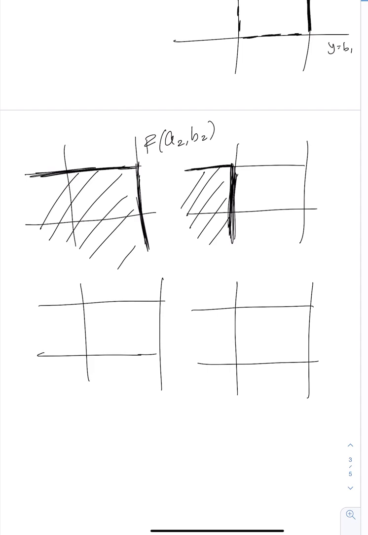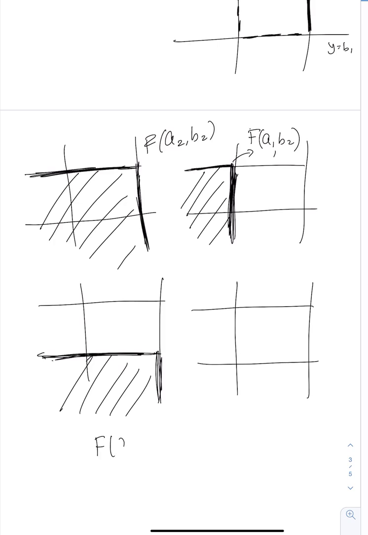The probability of x comma y being in that region is F of A2 B2. The probability of x comma y being in that region is F of A1 B2. The probability of x comma y being in that region is F of A2 B1. And the probability of x comma y being in that region is F of A1 B1.